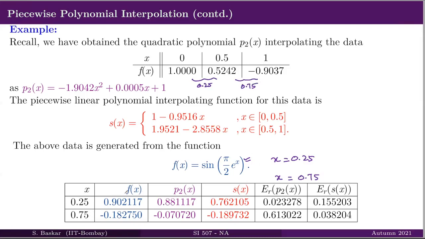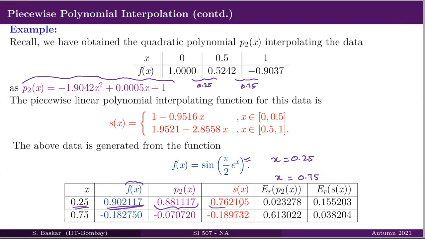You can see that the exact value of the function f at x equal to 0.25 is given by 0.902117, and the value generated by the quadratic polynomial, that is this polynomial, is given by 0.881117.